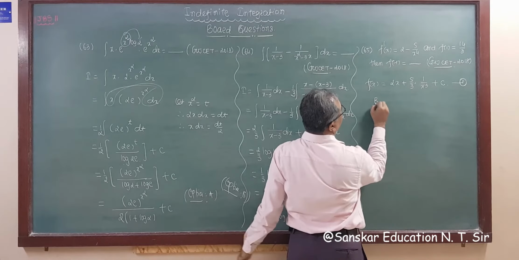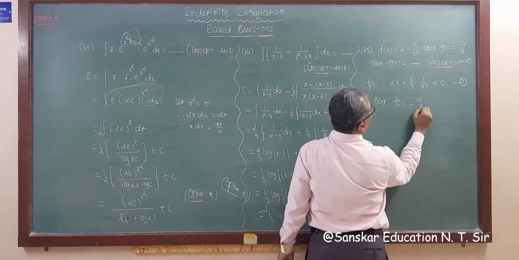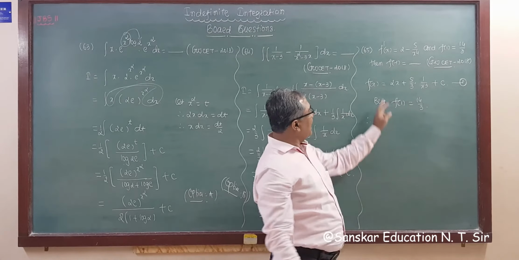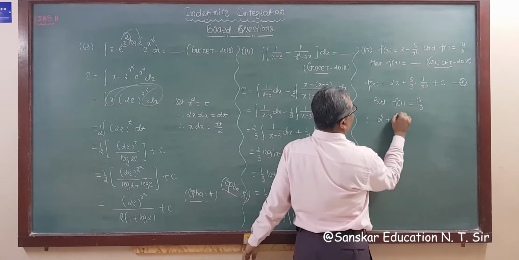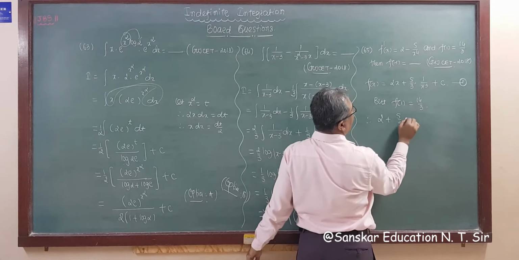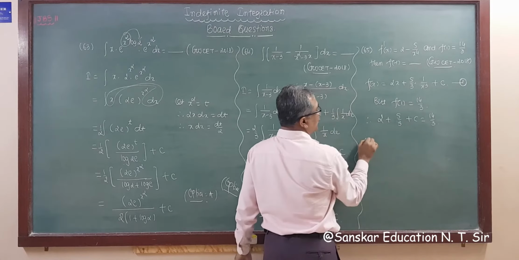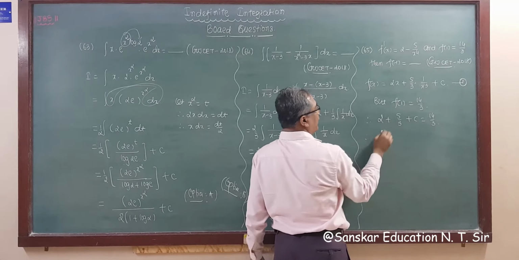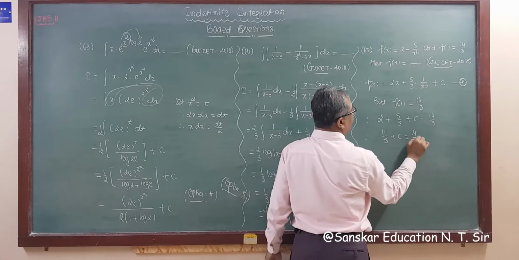But f of 1 is 14 by 3. So substituting x is equal to 1 here. So 2 plus 5 by 3 into 1 plus c is equal to 14 by 3. So 2 into 3, 6 plus 5, 11 by 3 plus c is equal to 14 by 3.